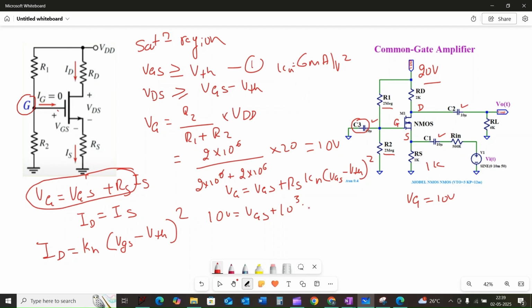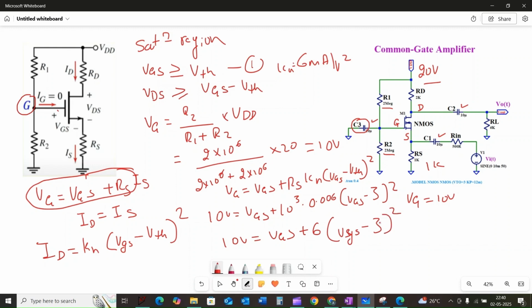Which is equal to 0.006 times (VGS minus 3) whole square, where 3 is the threshold voltage. So 10 volt is equal to VGS plus 6 times (VGS minus 3) to the whole square.